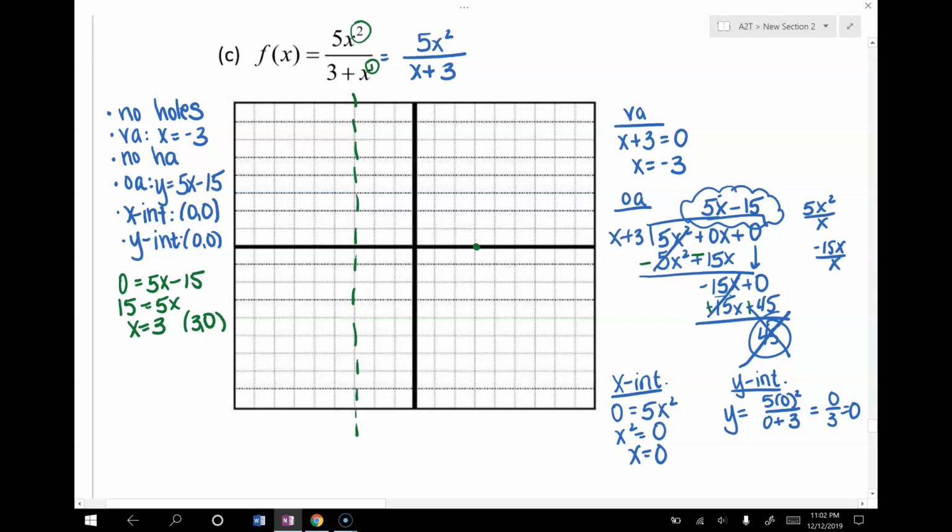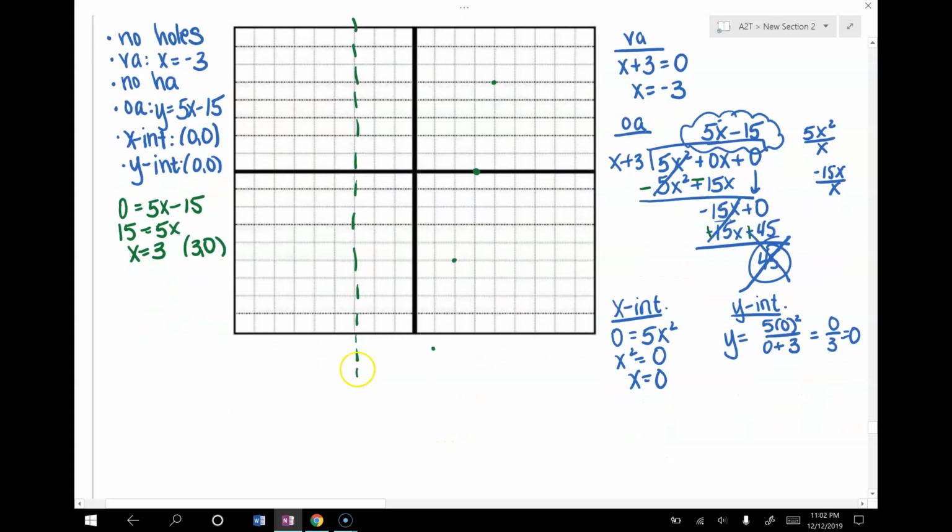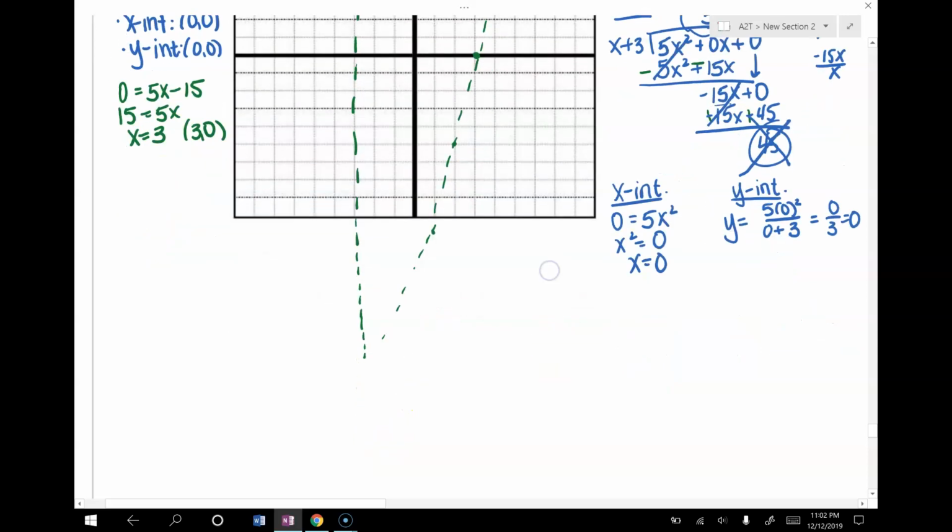If it's up 5 and over 1, I can go up 1, 2, 3, 4, 5 and over 1. Then I can go down 1, 2, 3, 4, 5 and over 1. I think we're going to have to extend this a little bit. So this is going to be my oblique asymptote. We're going to have to extend it a lot.